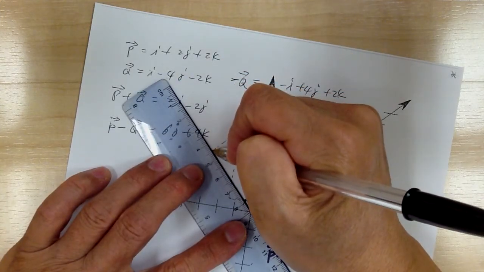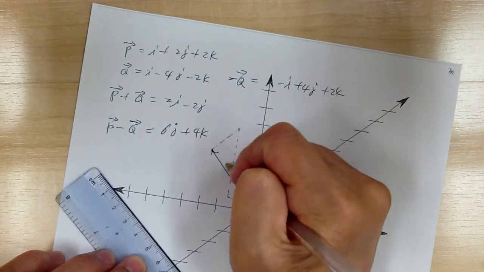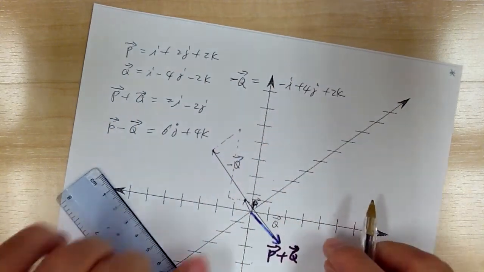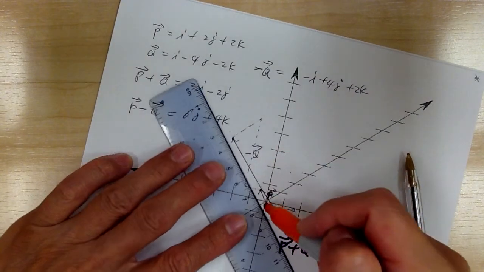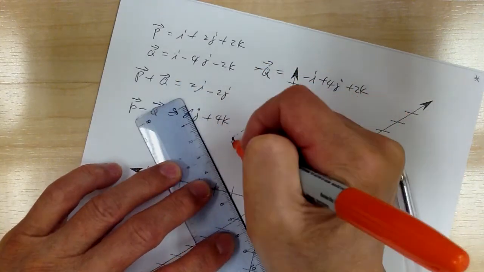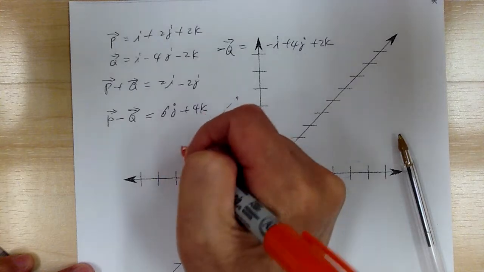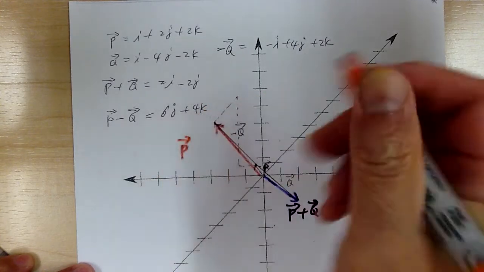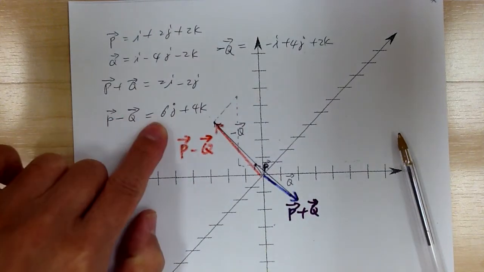So here's your negative Q. So here's your P plus negative Q. You end up with, again, a very tiny sliver. Okay, so that's your P minus Q, and it should match that.